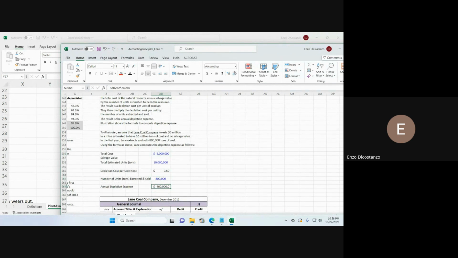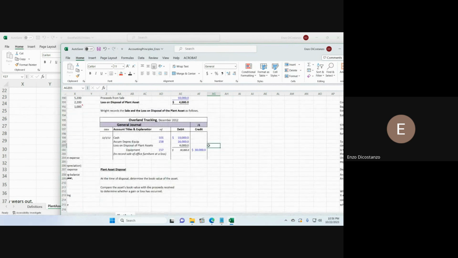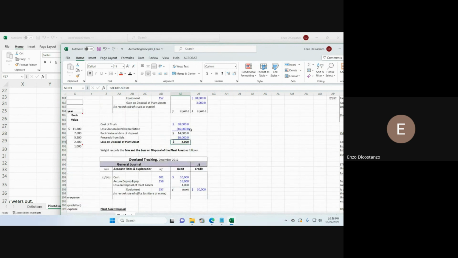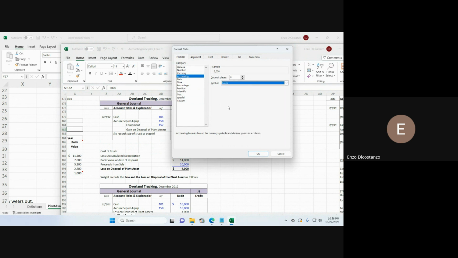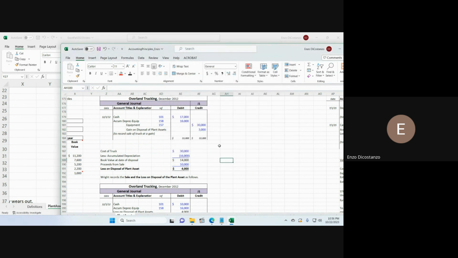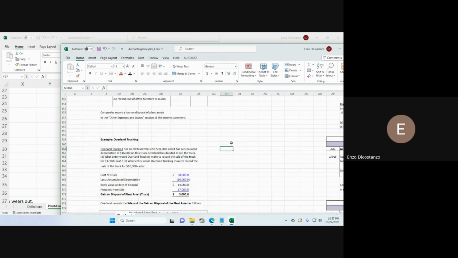Little by little, we'll get these all cleaned up. A little tedious, but we're almost finished with this. I'm just doing a little at a time.